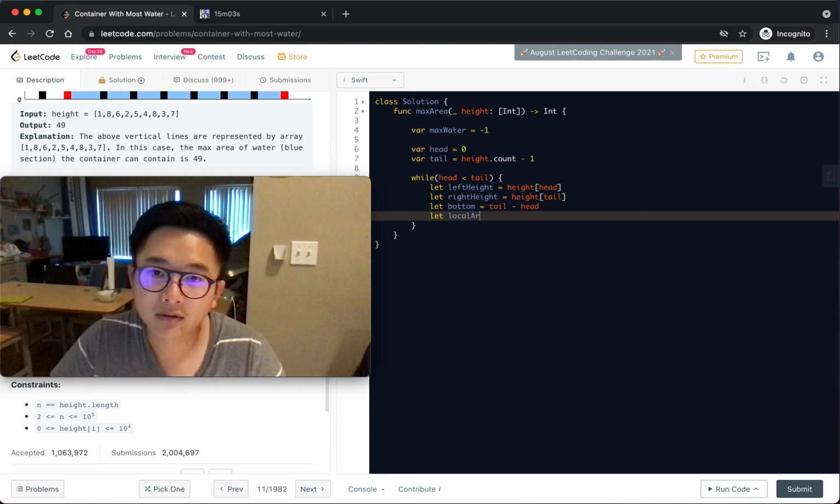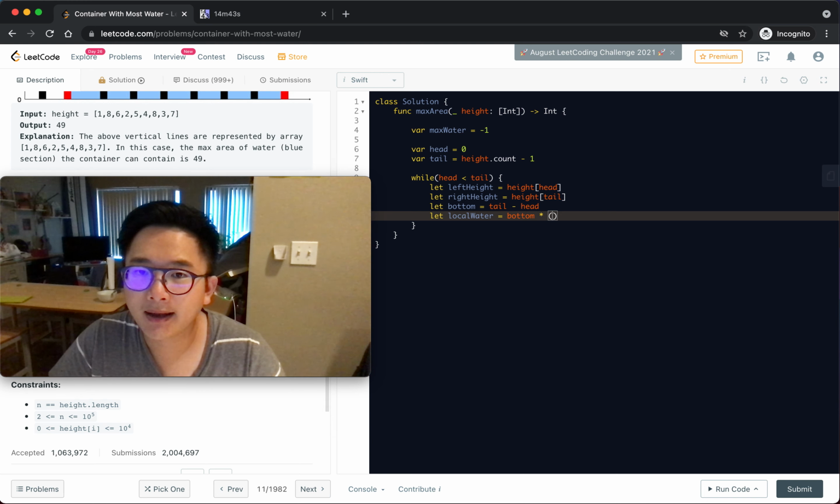Local water is going to be bottom times whichever height is shorter, so bottom times min of left height and right height.